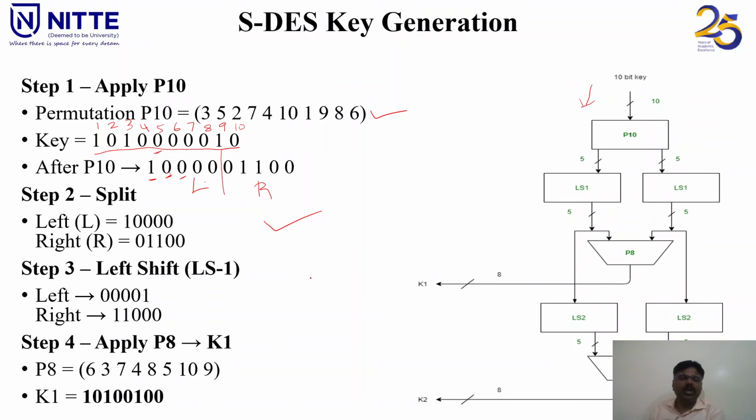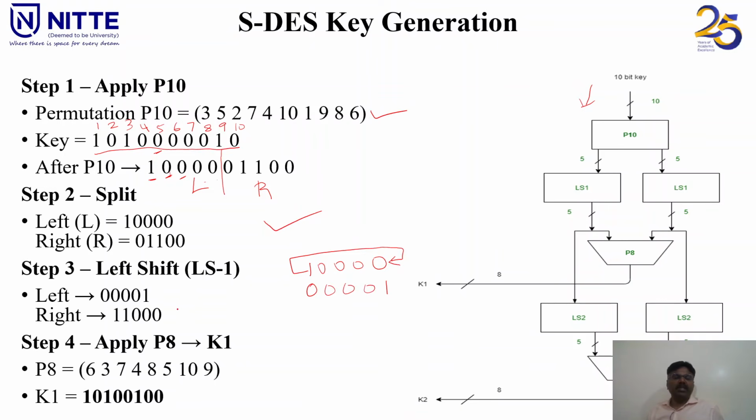So once I split that, in the second step, I'll be go on performing a left shift on both the bits. So I'll be go on shifting towards the left side the whole 10 bits. So how it becomes: 1 0 0 0 0. If I shift towards the left side, it will become like this. So the output of this is 0 0 0 0 1.